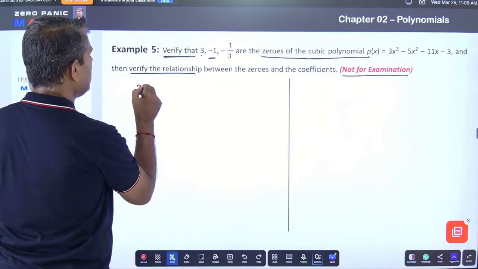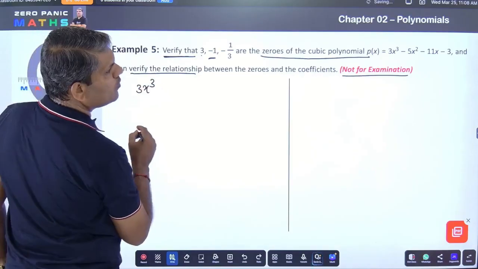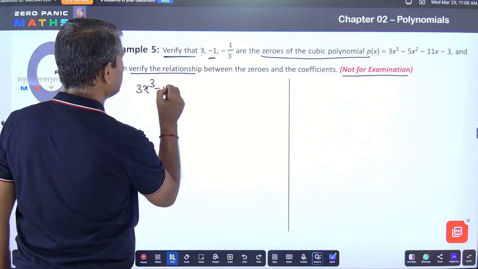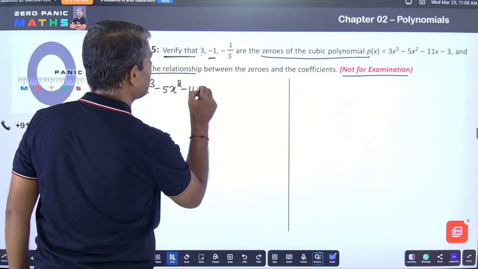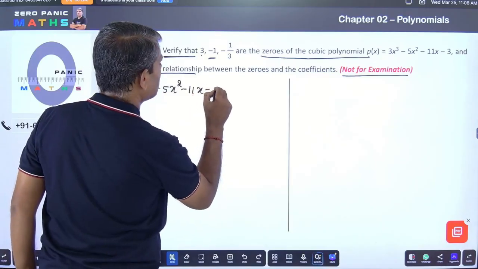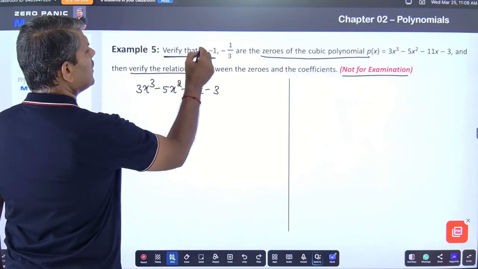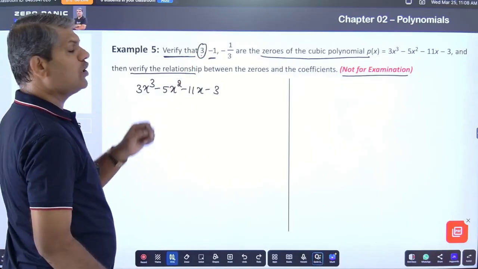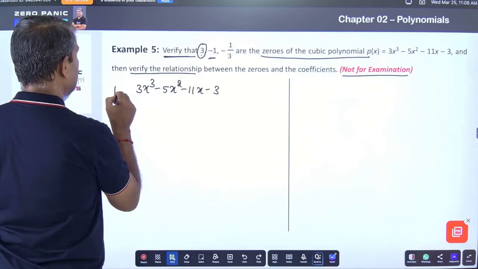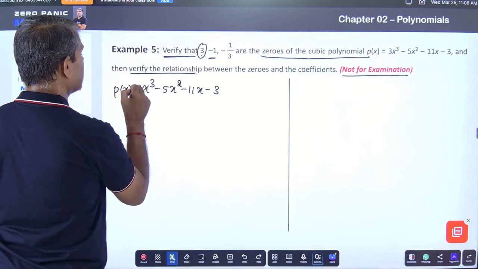Now, what is the polynomial? That is 3x cube minus 5x square minus 11x minus 3. I want 3 to be verified as whether it is a zero of the polynomial. So it is actually p of x.